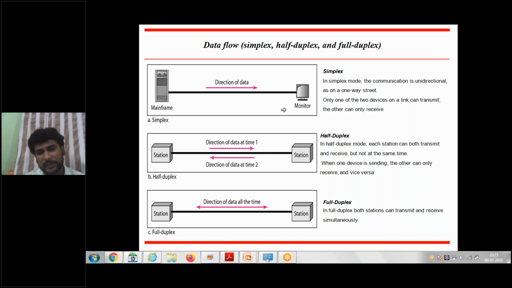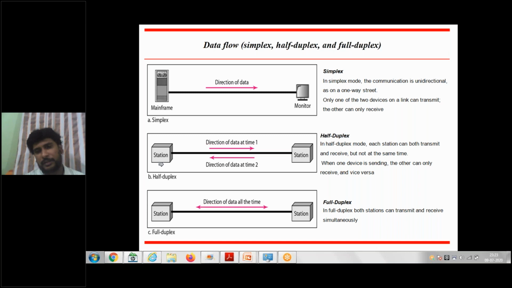Similarly, when you are a receiver and trying to receive the information, you can only receive it and you cannot transmit. This kind of communication we refer to as half duplex. Duplex refers to two directions, but half because at any instant of time you can perform only one function. Am I clear?